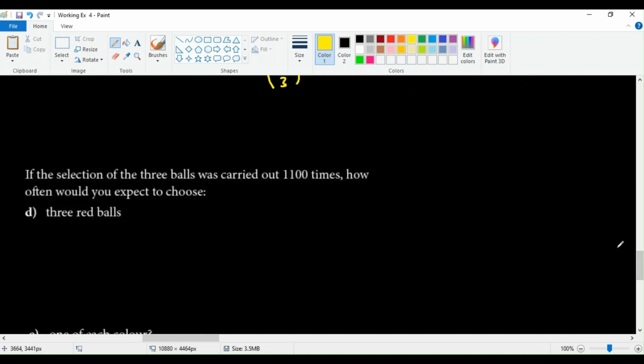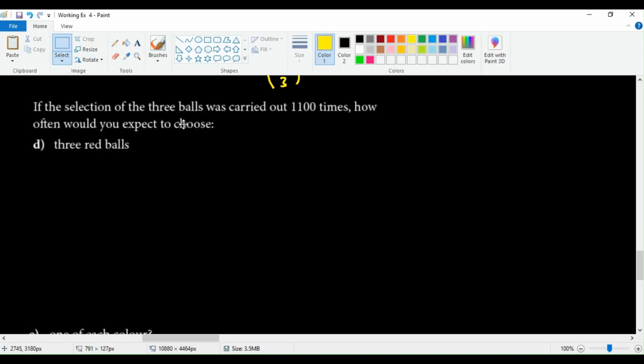Next comes: if the selection of 3 balls were carried out 1100 times, how often would you expect to choose 3 red balls? Now here we are going to use our further calculations. All 3 reds, we know very well, is 1 over 220 multiplied by 1100.